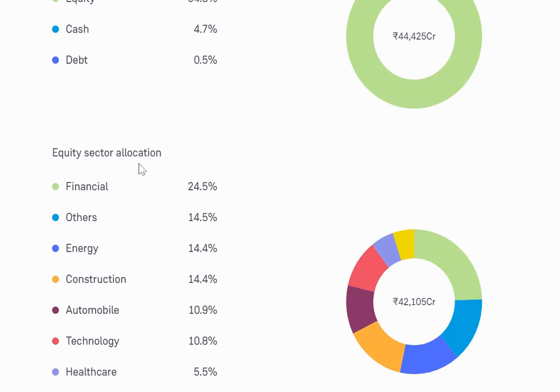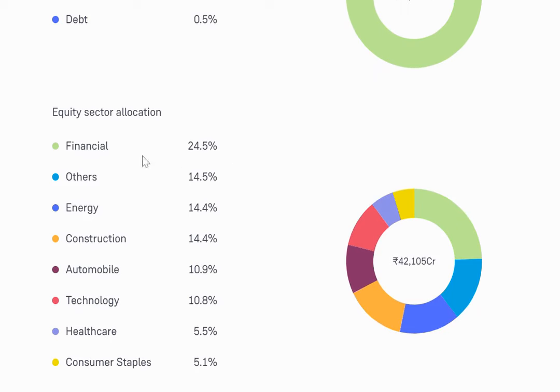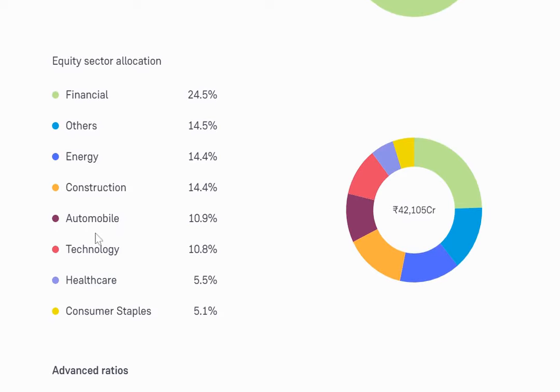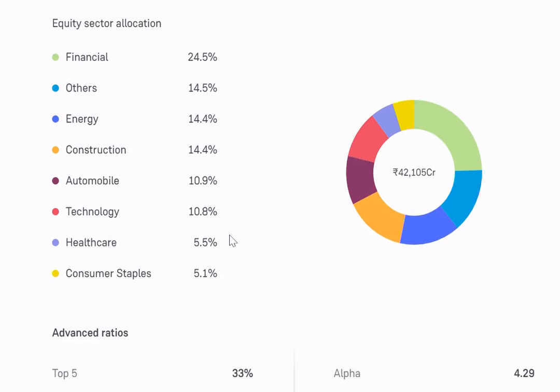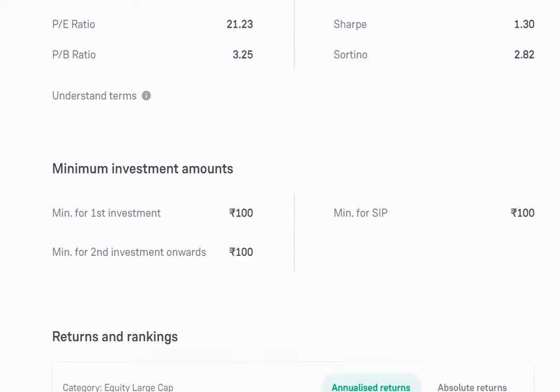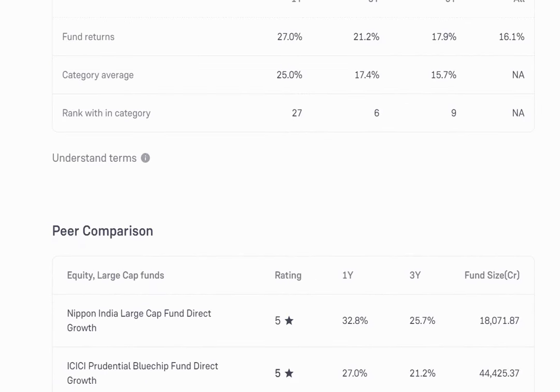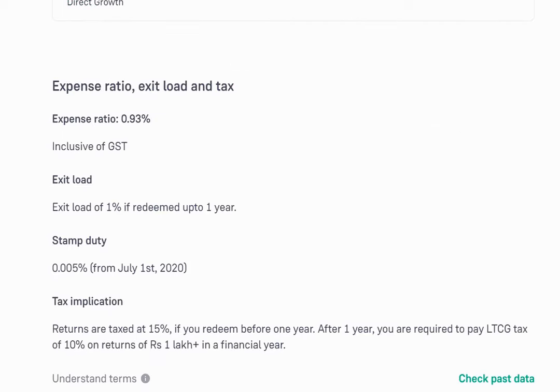You can also see the equity sector allocation. In this mutual fund, the financial sector has 25%, energy sector 15%, construction sector 15%, and so on for every sector. One of the major parts is the expense ratio, because a fund manager handles this mutual fund, and the expense ratio is 0.93%.